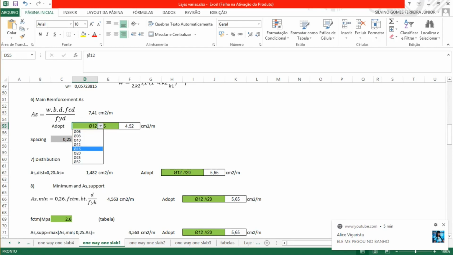So using bars with a diameter of 16 millimeters, I get 8.04 square centimeters per meter. So it's okay.